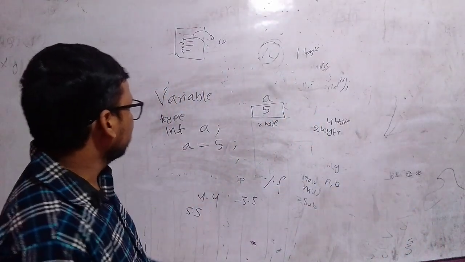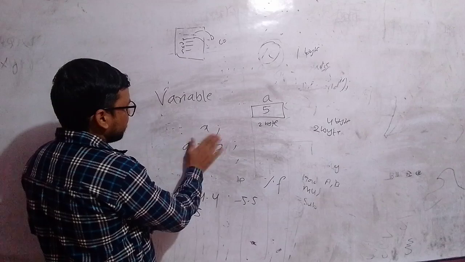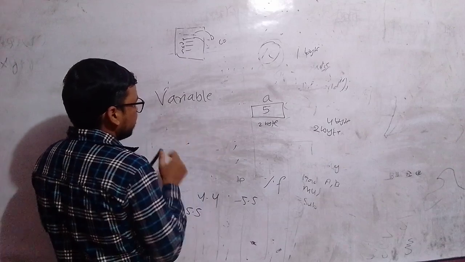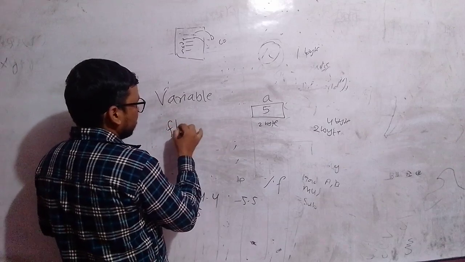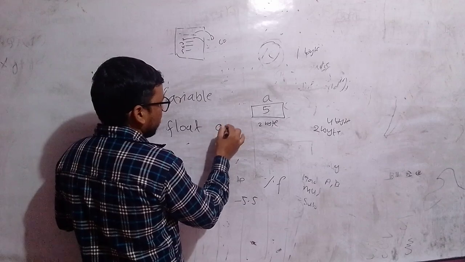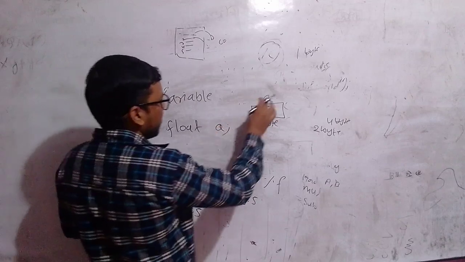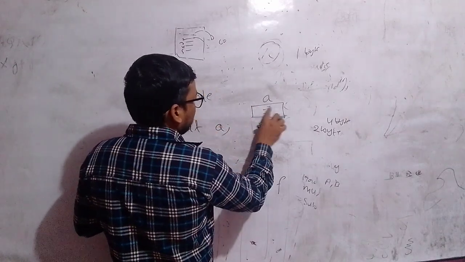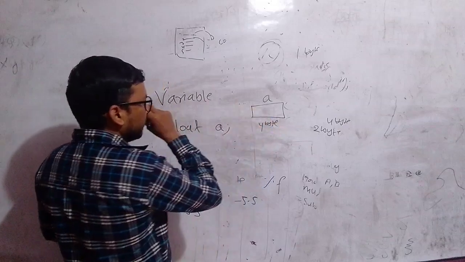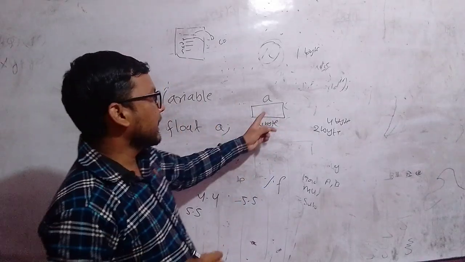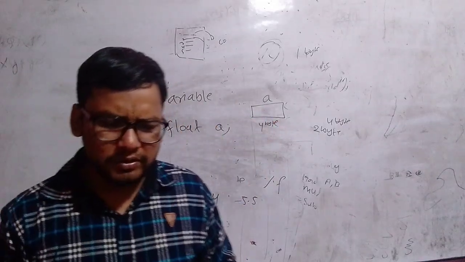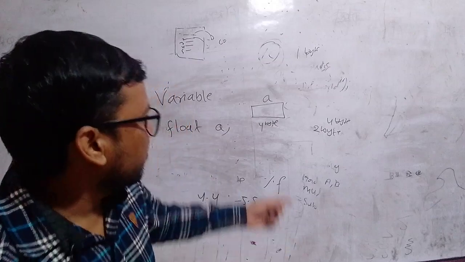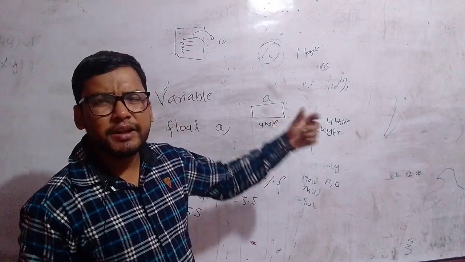Now this is the type. For example, if we write float A, that means A is reserved for a float. Initially it does not contain any value; that is a garbage value. Garbage value means a value we cannot determine; it can be a random value.